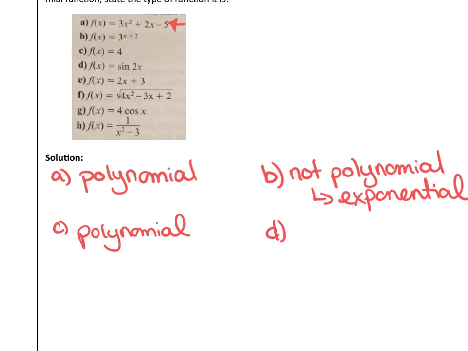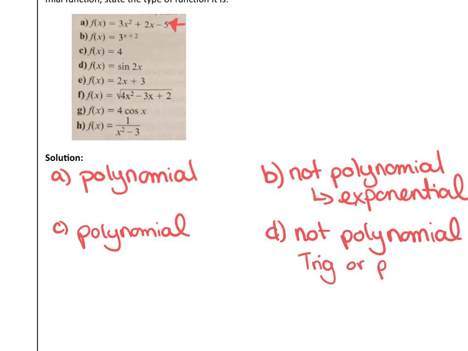D is not polynomial. This is what is known as a trigonometric or trig, or people might call it periodic, because it has either a sine or a cos in it. That makes it not polynomial.